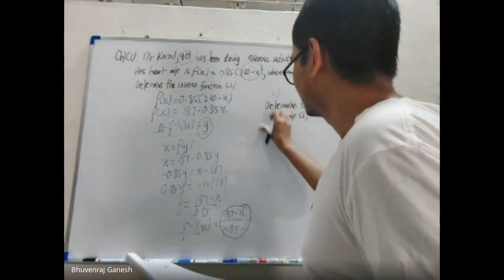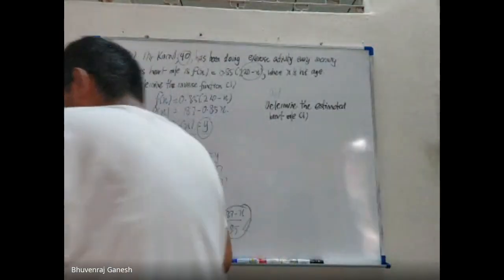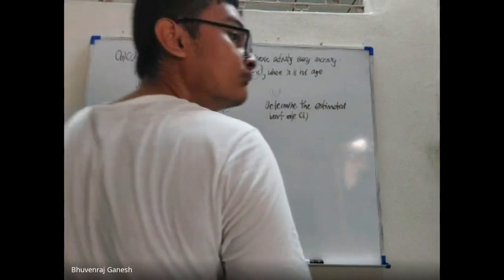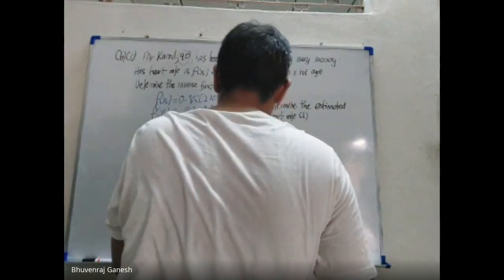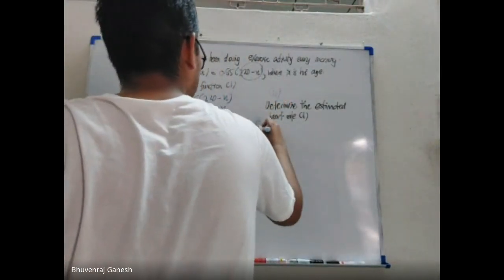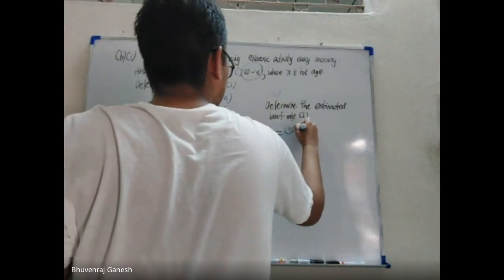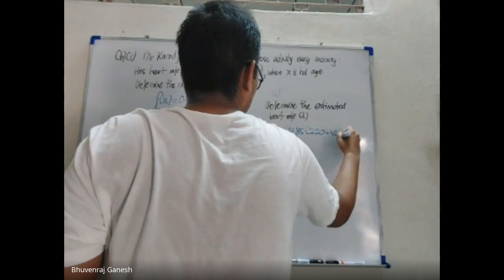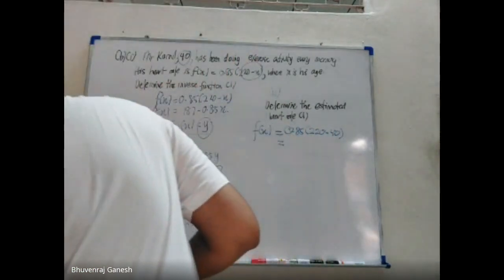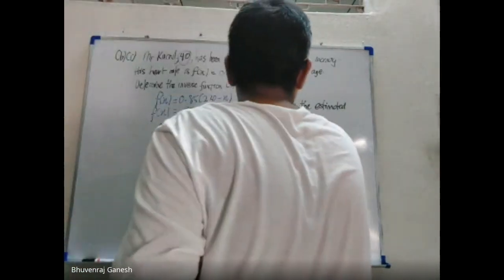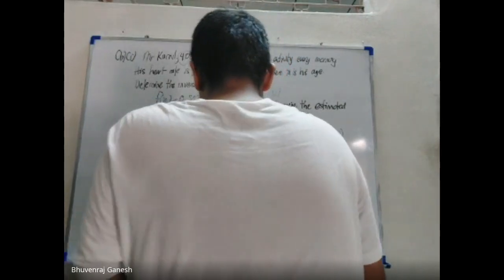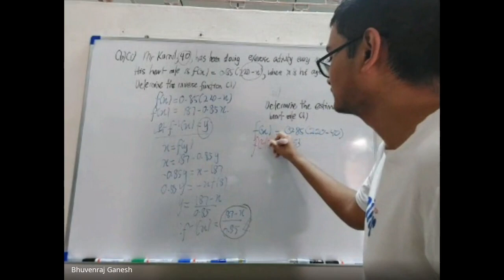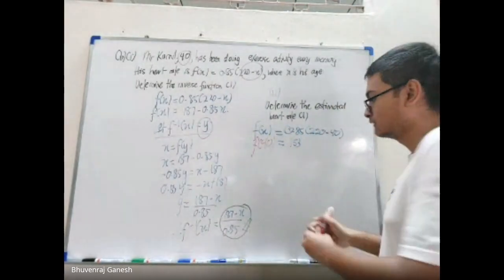So you will get f(x) is 0.85 bracket 220 minus 40. So after you solve, you will get 153. So if you want to label this on the left hand side, you can write f(40) to show you substitute the x with 40. So that's your answer.